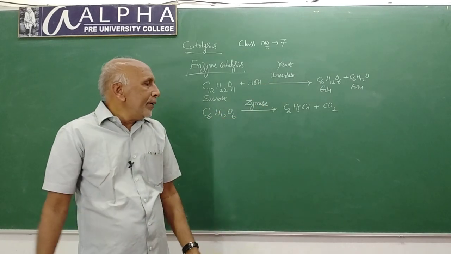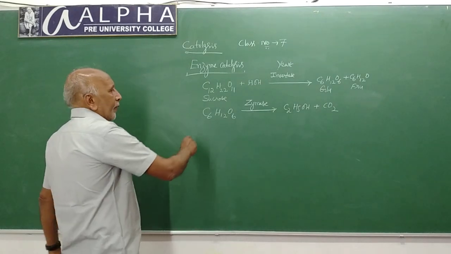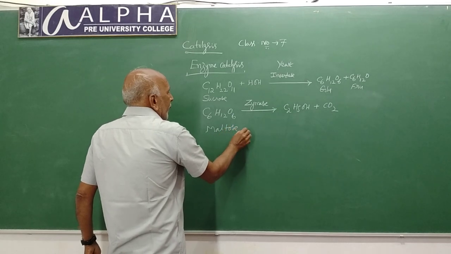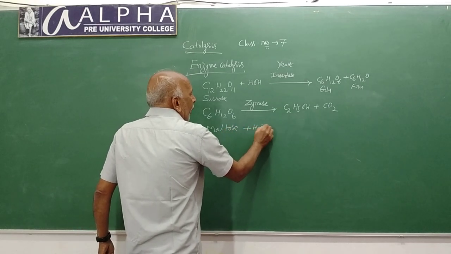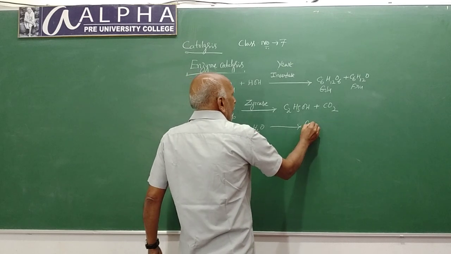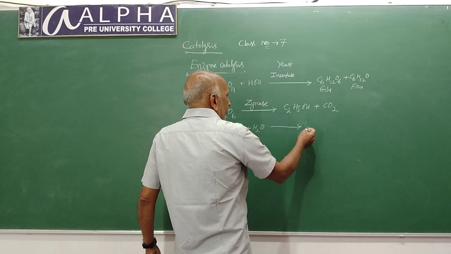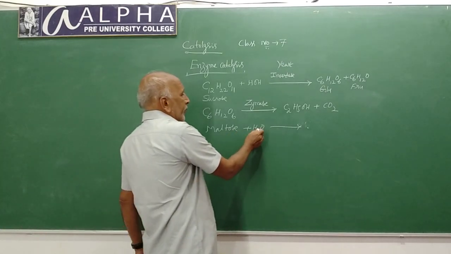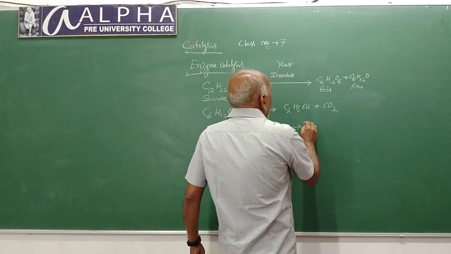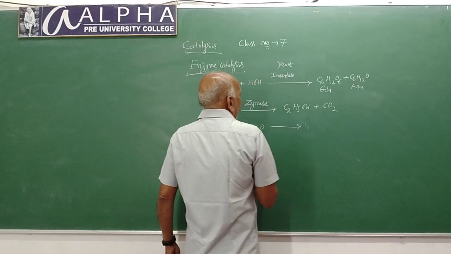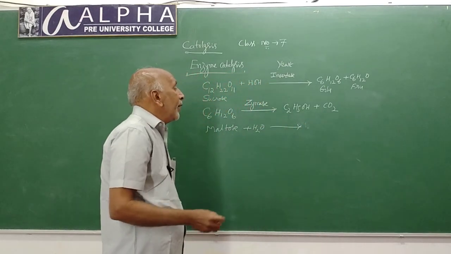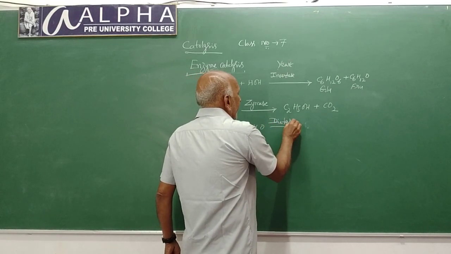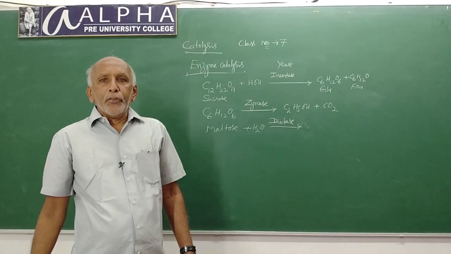Similarly, in the conversion of maltose to alcohol, of course, first to glucose, then to alcohol. Here, in the conversion of maltose to glucose, yeast is also used, where it contains an enzyme known as diastase, which converts maltose into glucose.